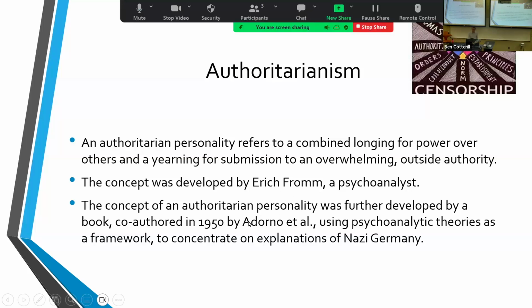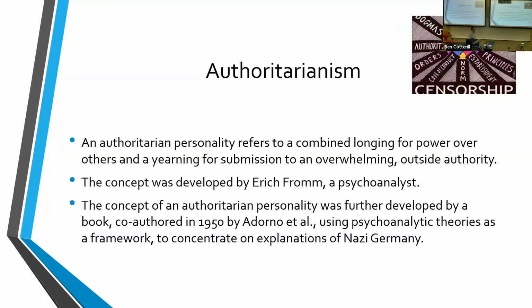Now, if you look at citations of the authoritarian personality or authoritarianism, the 1950 book by Adorno and colleagues is most frequently what you'll find. It is probably the best known text, but it's highly based upon Erich Fromm's ideas.